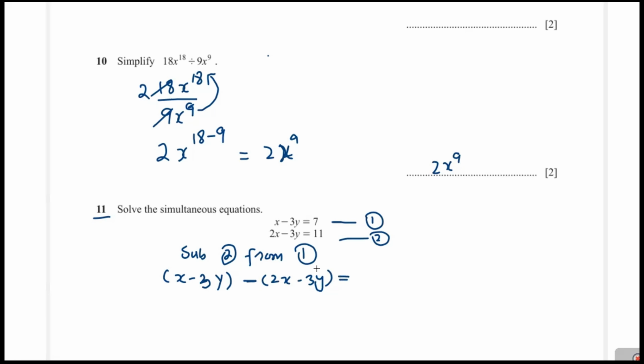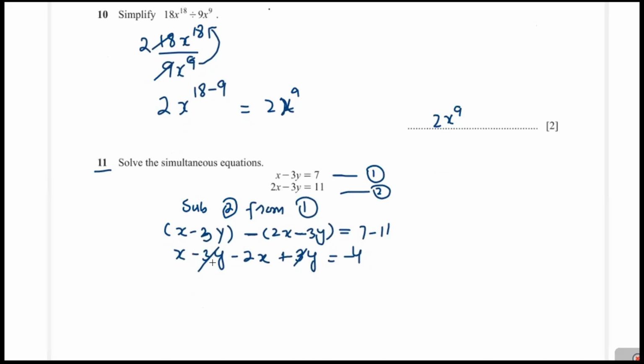The right hand side is 7 minus 11. So x minus 3y minus 2x plus 3y is equal to minus 4. On the left hand side, minus 3y plus 3y is 0y, so you can cancel it. Now 1x minus 2x is minus x, equal to minus 4. Therefore x is equal to 4, and then you can find the value of y.